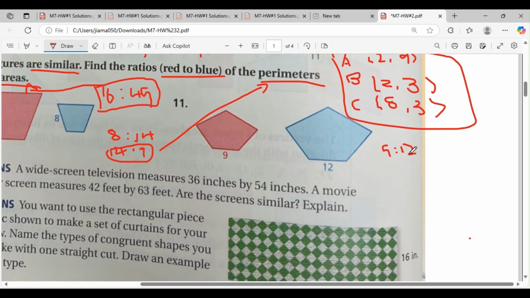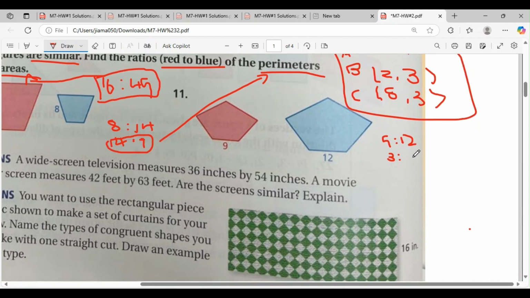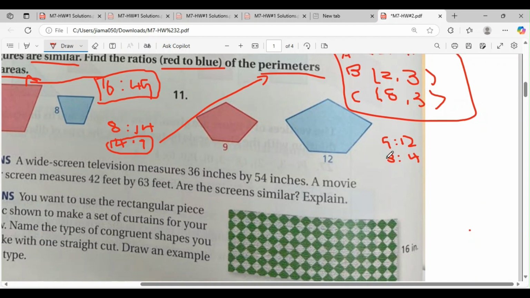We can find that they can both be divided by 3. 9 divided by 3 equals 3. 12 divided by 3 equals 4. So the ratio of the perimeters is 3 to 4.